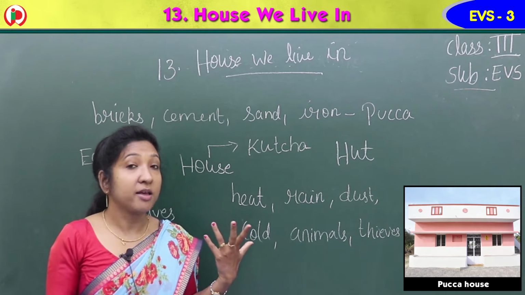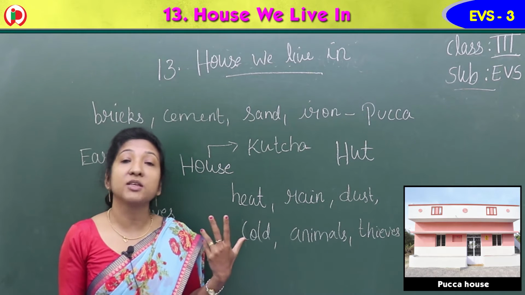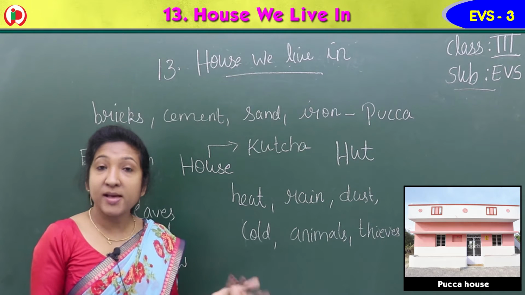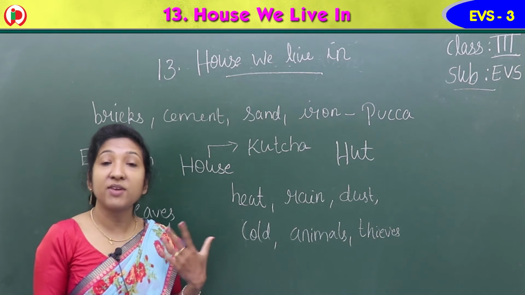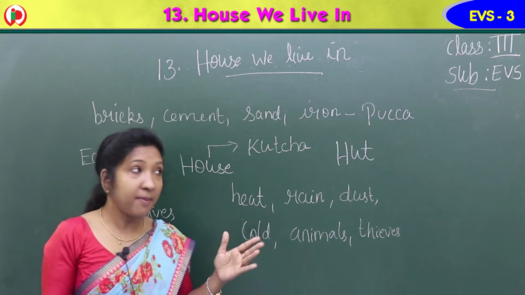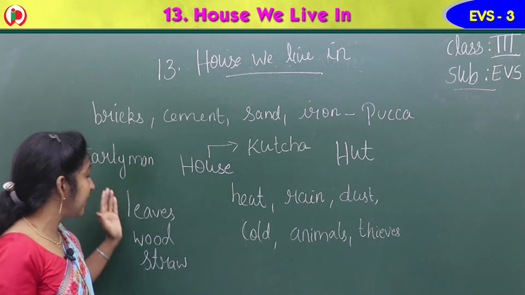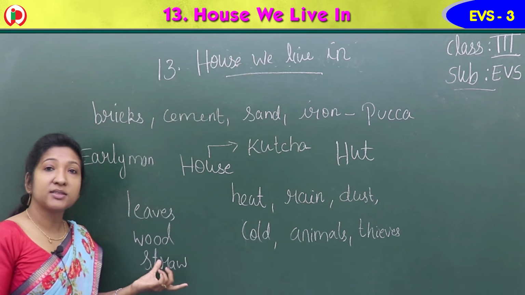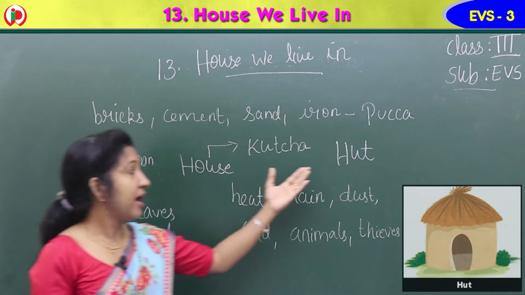So, as I said, houses are safe for us. We are so comfortable in our house. It protects us from rain, wind, animals, dust, etc. Early man used to build houses using leaves, wood and straw. These houses are not strong. Example, hut.